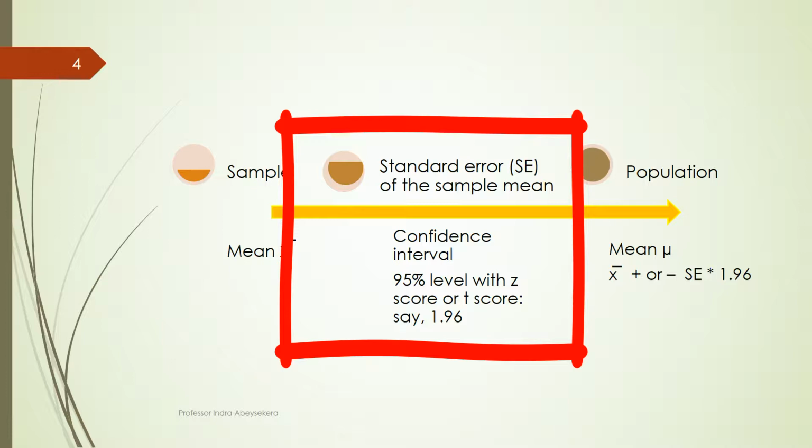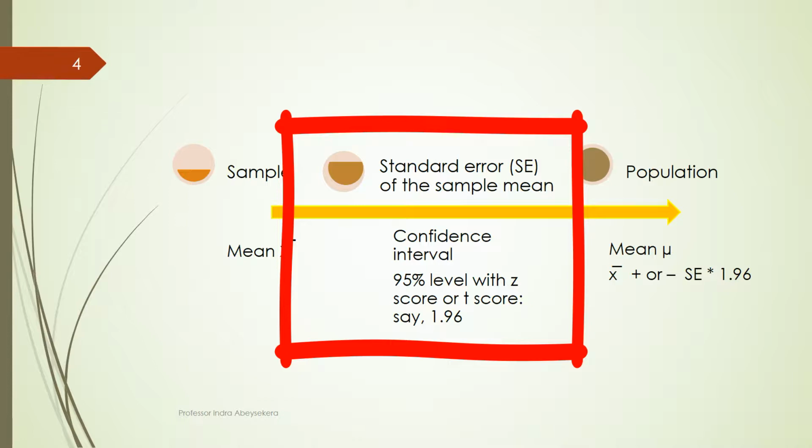So when we want to talk about the population mean from the sample mean, we have to talk with a confidence interval because we can't be exact about the population mean, but we can provide a confidence interval within which we can say that the population mean lies, but within a certain range of confidence.